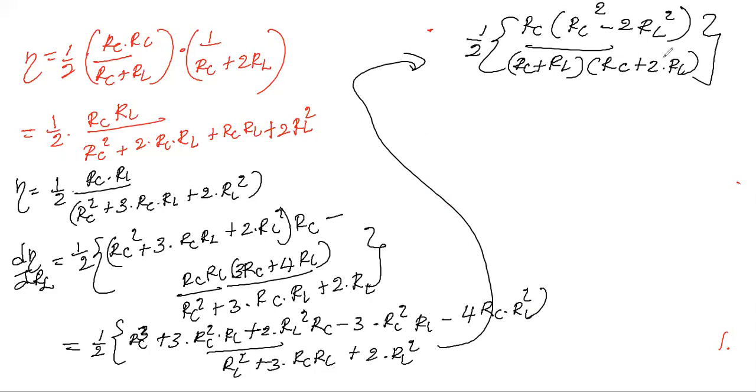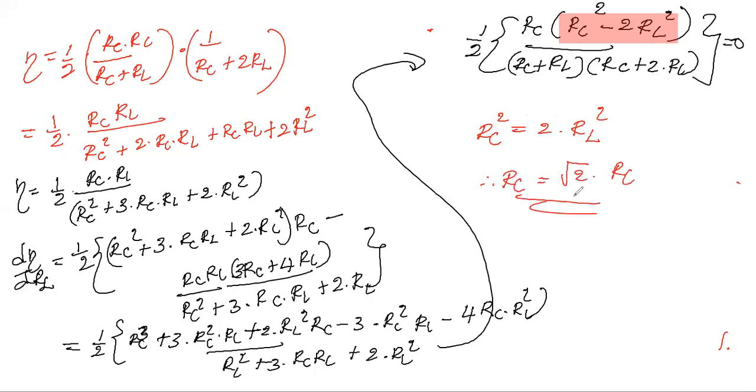To be equal to 0, you have to consider this term. To equate this to 0, this term should be equal to 0. Therefore, I get the relationship RC squared equal 2 times RL squared. Therefore, RC should be equal to root 2 into RL.